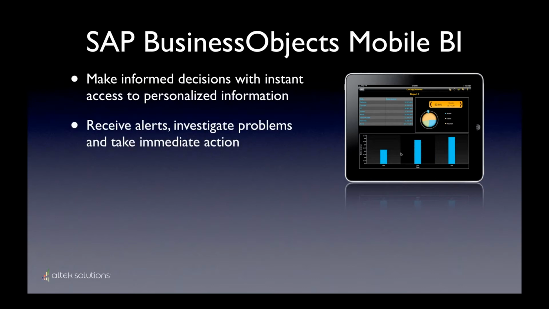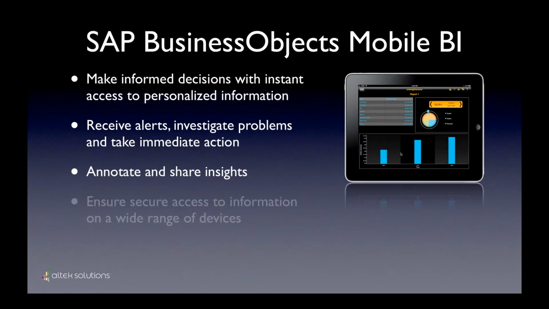It also makes it very easy to receive alerts, investigate problem areas, and take immediate corrective action. We'll also take a look at taking BI to a new level through the incorporation of annotations, allowing you to share your insights with others in your organization. And through the SAP BusinessObjects platform, this functionality is made available on a wide range of mobile devices.